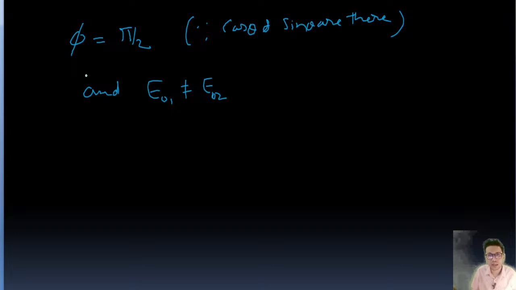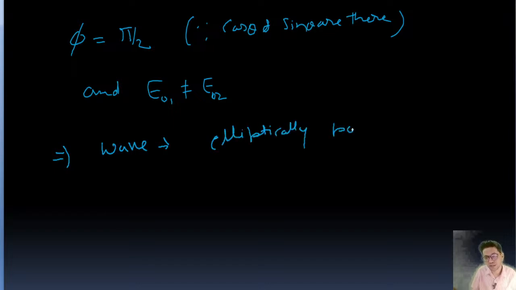Here we can see it is pi by 2, in the n pi by 2 form, so the wave is elliptically polarized and in the negative z direction. So which option is matching, guys?